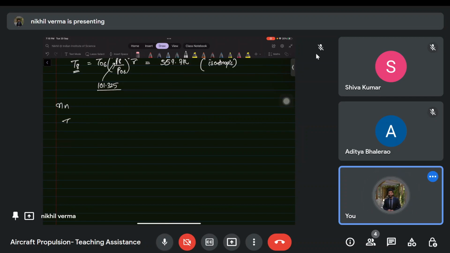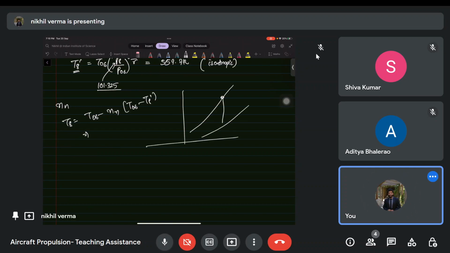So let us call this thing as T8 dash. Then this is equal to, efficiency of the nozzle, T naught 6 minus T8 dash. So this is the same equation that is there across the nozzle.